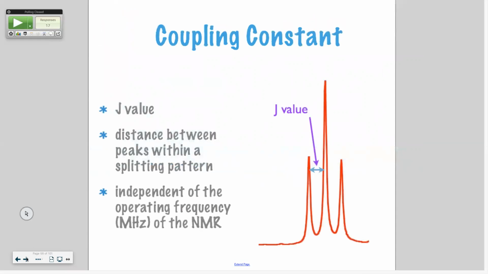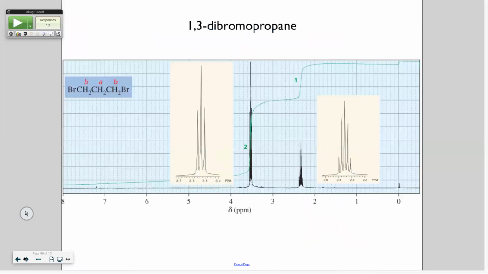You can take your peak if you need to, and you can blow it up and you can measure that number. You can get that off our NMR. Okay. It's not something I do very often. You would only do it if you were trying to figure out some really unique things. It's not something that I do every time I get a spectrum. Okay, I only do it if it's special.